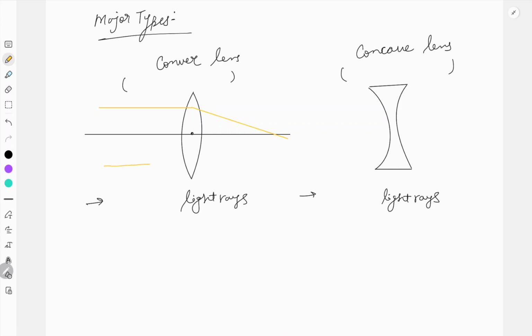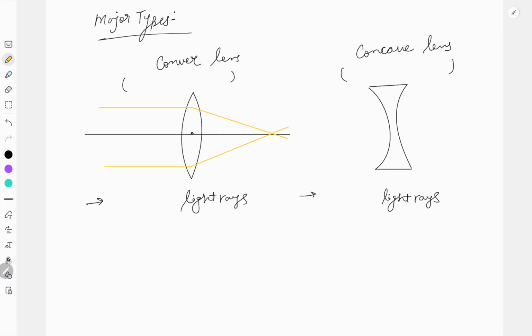Right? And if I take a light from the below part, then it shouldn't do anything different, and it will also converge. Oops, I made a curve. It should be a line. Right? It also converges, right?